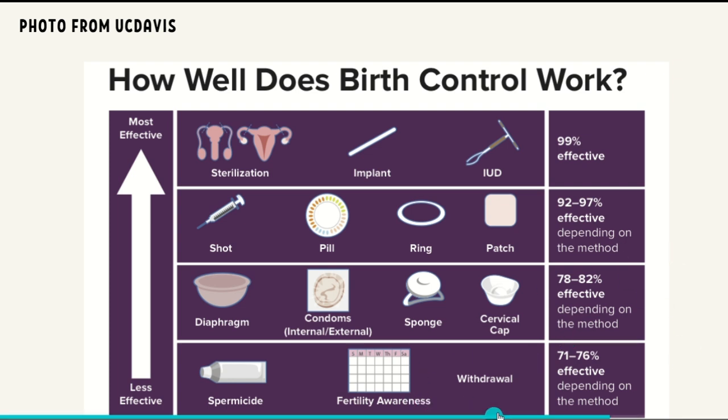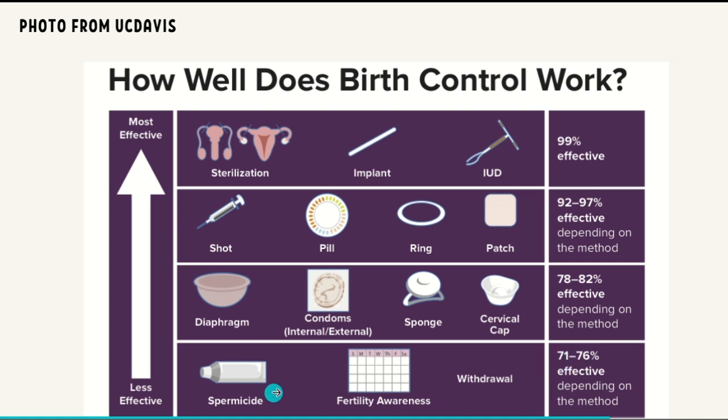These are the least effective: spermicide, and fertility awareness, meaning that you would track the cycle to be aware of when you're ovulating, because that's the time when they're most likely to get pregnant. We don't know the science behind that, but whatever.